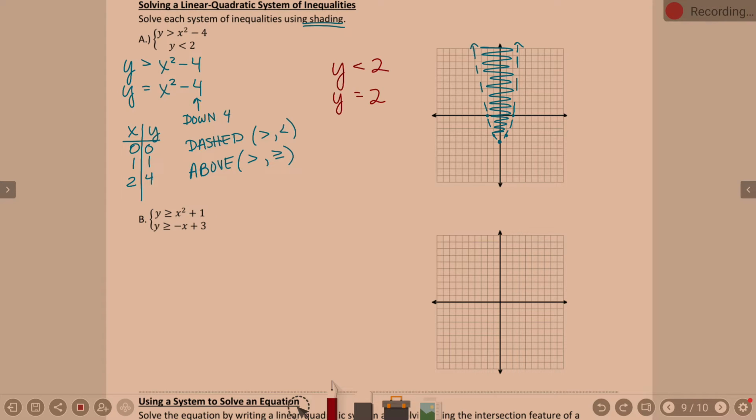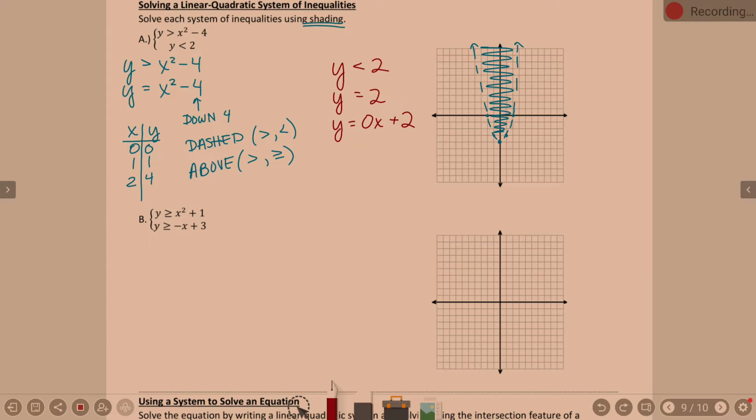We graphed this in chapter 1. If it's y equals 2, that means it has to touch the y-axis at 2.